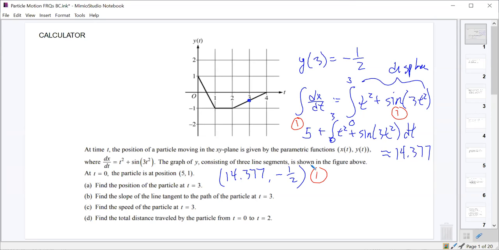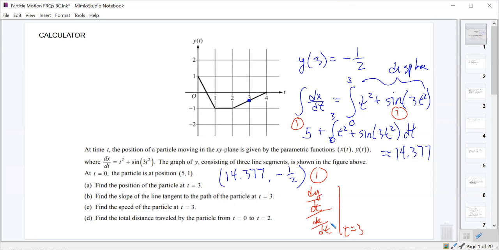Okay. Part B was asking for the slope of the line tangent to the path of the particle at t equals 3. And so that ought to just be dy dt at 3 over dx dt at 3. Dy dt over dx dt, or effectively dy dx at t equals 3.